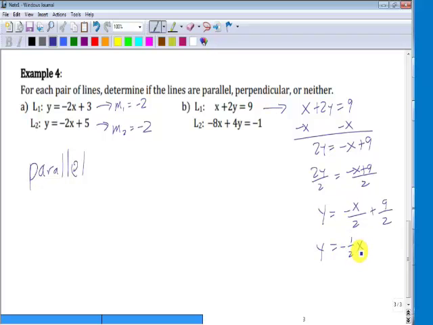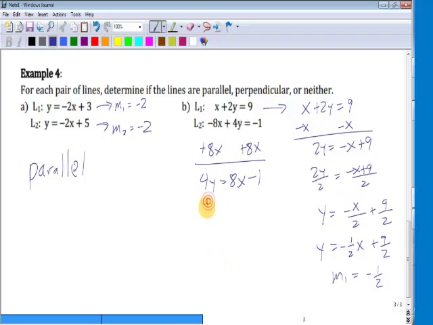Is that believable? -1/2 times x is the same thing as -1 times x divided by 2, plus 9/2, or 4.5. We'll go with 9/2. So the slope of the first line is -1/2. And the second line, add 8x to both sides to get 4y equals 8x minus 1.